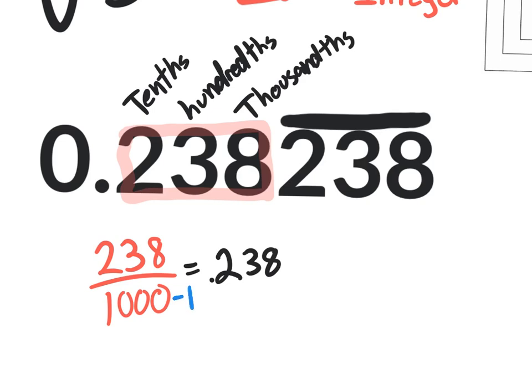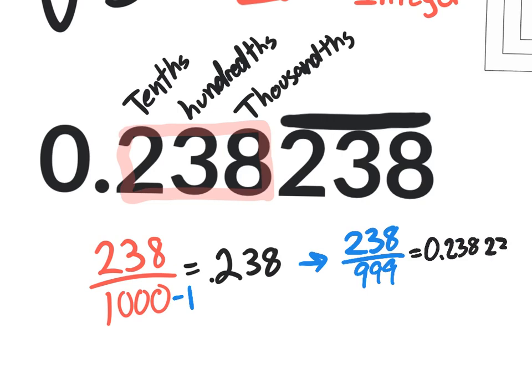That obviously is going to change it, so let me rewrite it over here. 238 over 999. 1,000 take away 1 is 999. Now if you do that on a calculator, you will see that it gives you 0.238, 238, 238. So that does repeat.